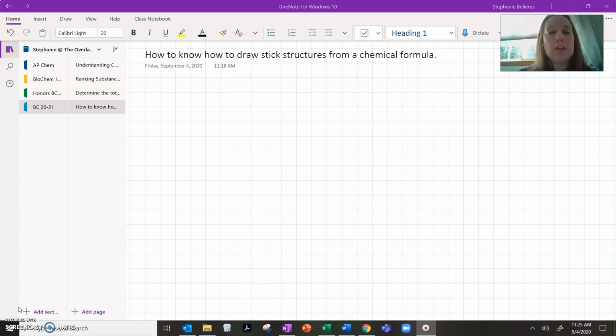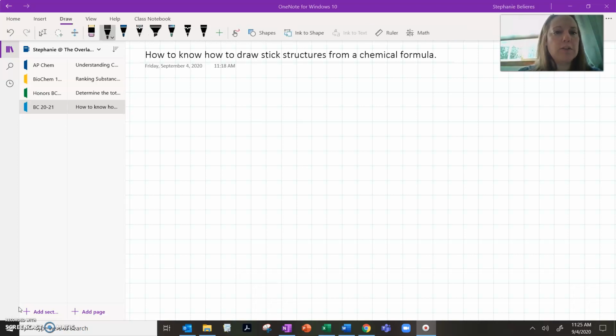Okay, so I'm going to use two compounds. Acetone, which you guys are going to use later this year, and this formula is CH3COCH3.